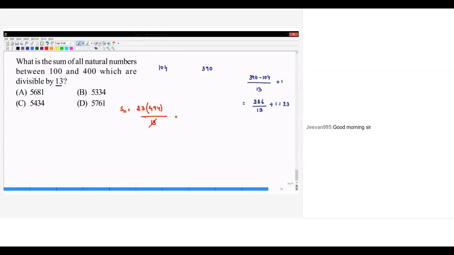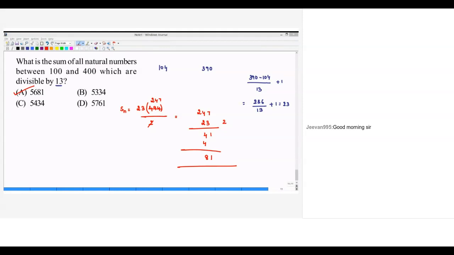It's only divided by 2. N into first number plus last number divided by 2. 23. I think we have done this. This 4. So we'll be getting 81. Last two digits. Anyway, you can multiply the entire thing, but last two digits are enough.